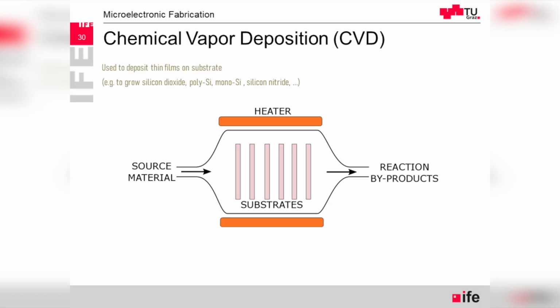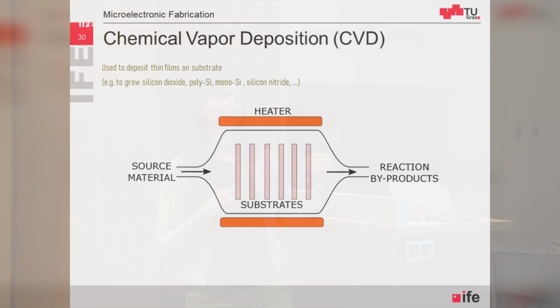We have the chamber where these processes are being done. We have the source material entering the chamber with the wafers that are there. It's deposited on the surfaces, so actually all around them, and then a chemical reaction takes place there. We had the examples of chemical reaction in the case of dry and wet oxide.